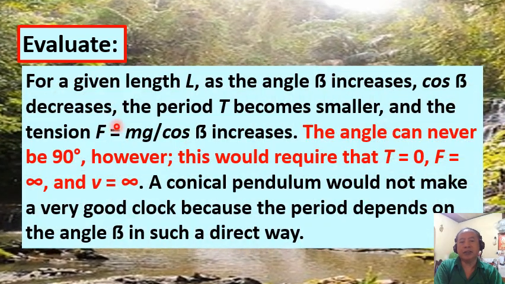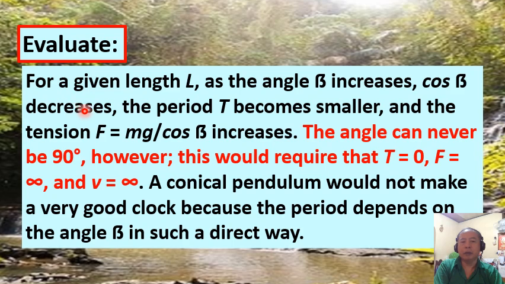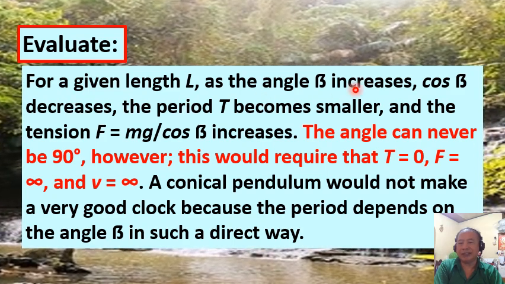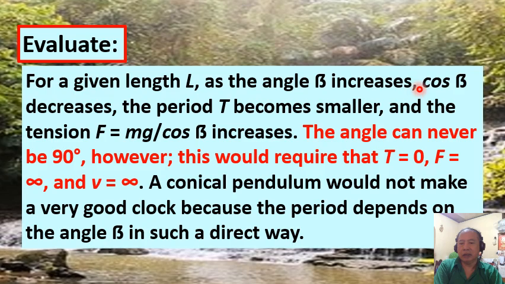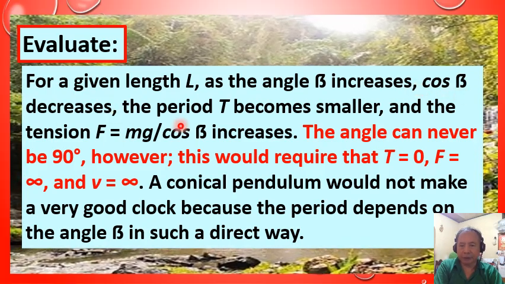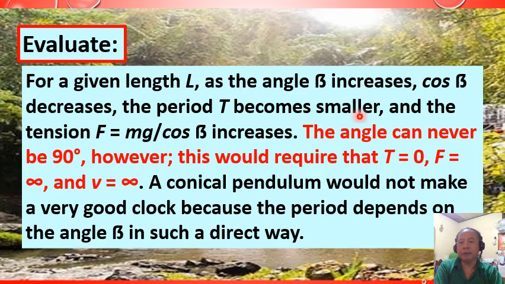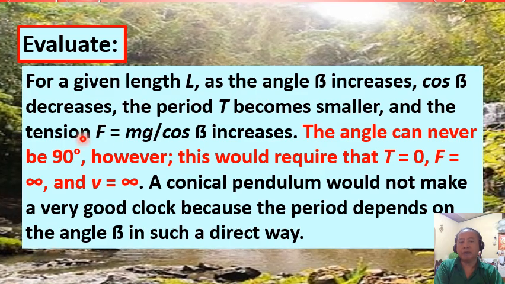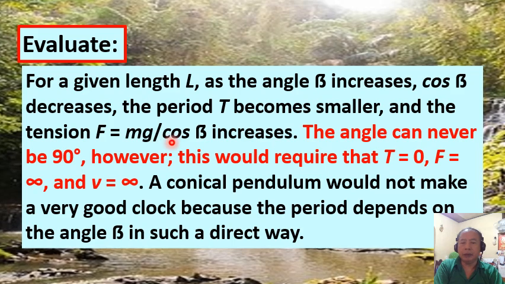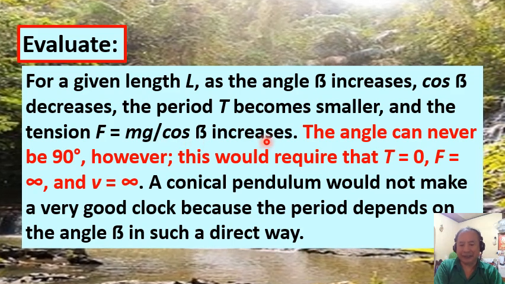Evaluating our answers, we say that for a given length, capital L, as the angle beta increases, cosine of the angle beta decreases. The period, capital T, becomes smaller, and the tension force, capital F, which is equal to mg divided by cosine beta, increases.